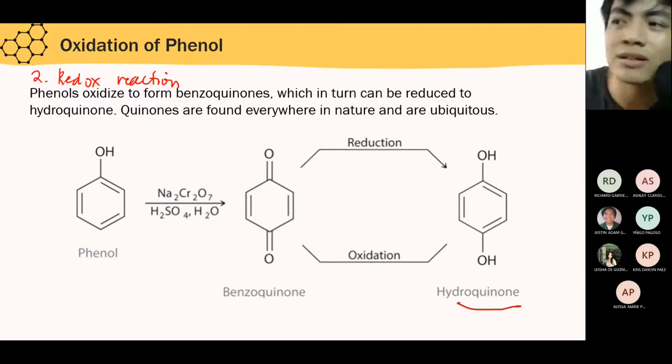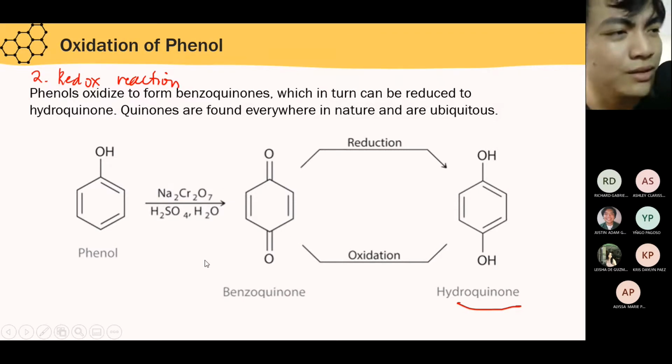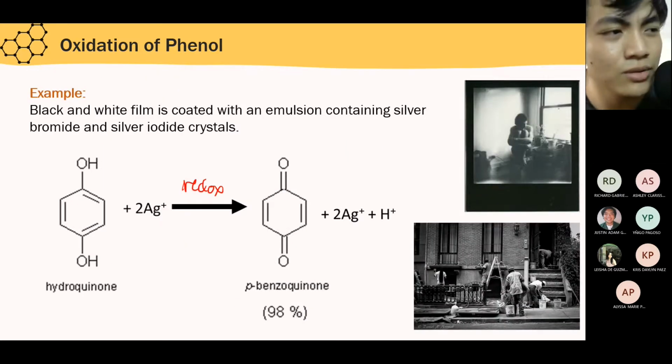Your benzene can be oxidized to produce benzoquinone, and the benzoquinone can be reduced to create the hydroquinone used in cosmetic products. And not only in cosmetic products, it can also be used in developing negative films. So, with the help of silver ions, siya yung ginagamit as photo developer.